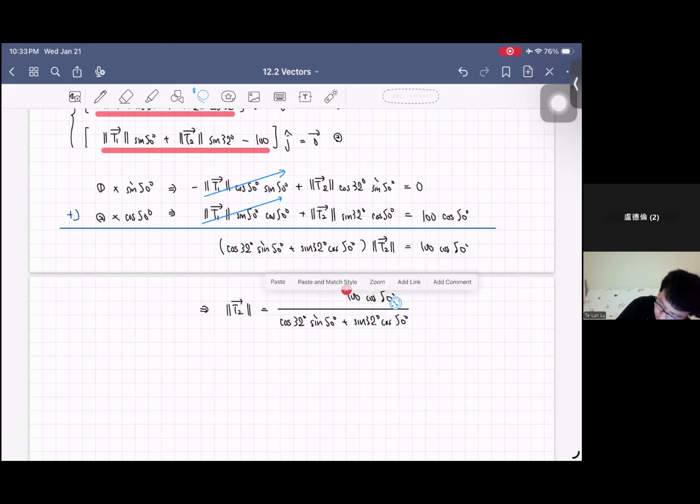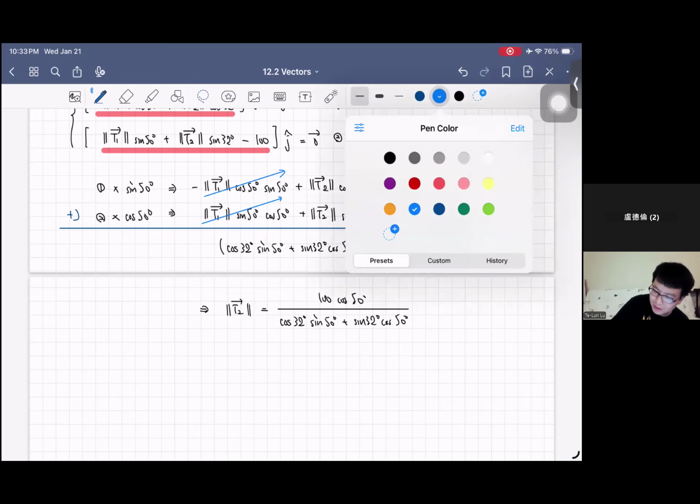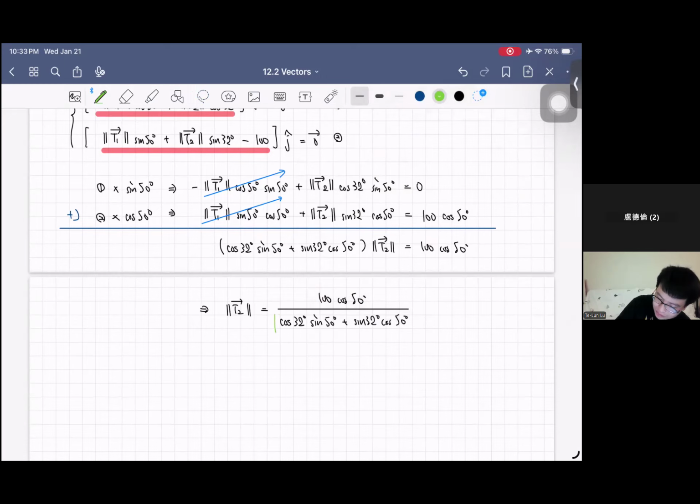Okay? If you want to be a little tricky, you can do something like this. For example, this seems like a summation of angle, right? This is a sum formula. So this is actually equal to sine 82 degree. Okay, so that's all. And I have calculated this previously.